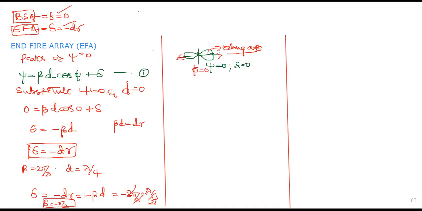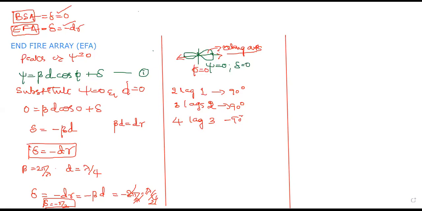Which means that in the linear array, source 2 lags source 1 by 90 degrees. Similarly, source 3 will lag source 2 by 90 degrees. Similarly, source 4 will lag source 3 by 90 degrees and so on.